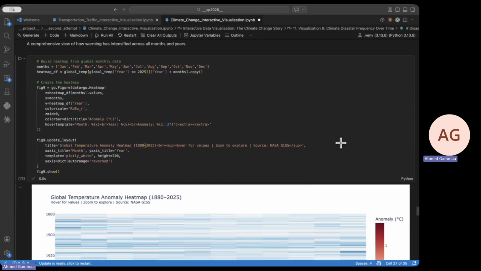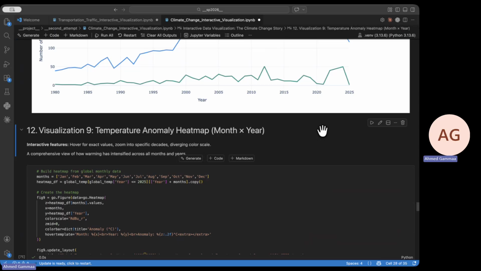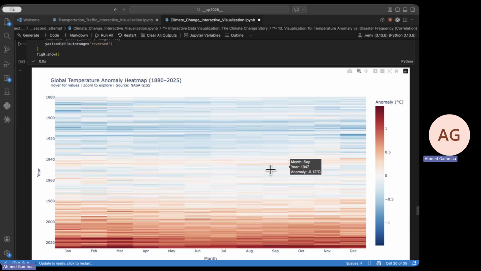Next, we have this interesting heat map. This is one of the most interesting things. This gives you the summary of the NASA GISS global temperature anomaly. The x-axis has the months and the y-axis has the year, and as you can see, we have color definitions which define the extreme red as positive, extreme blue as negative, and white as near zero.